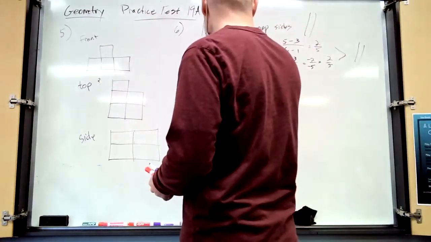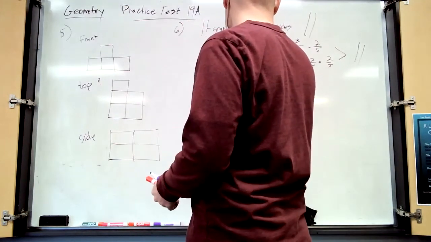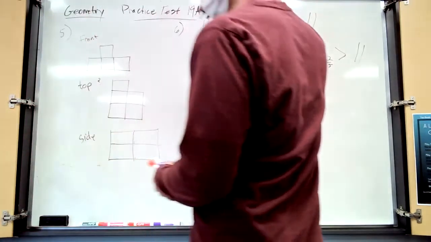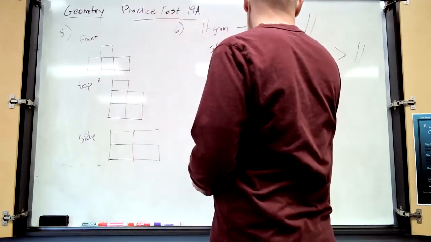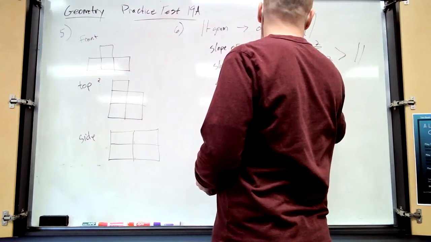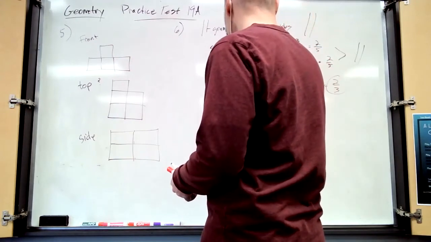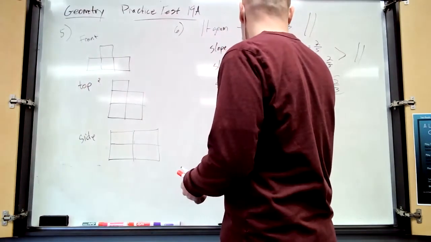So let's look at the slope of SR. The slope's going to be 1 minus 3 over 1 minus 4, which is negative 2 over negative 3, which is 2/3. All right, and then the opposite side of that is TQ.